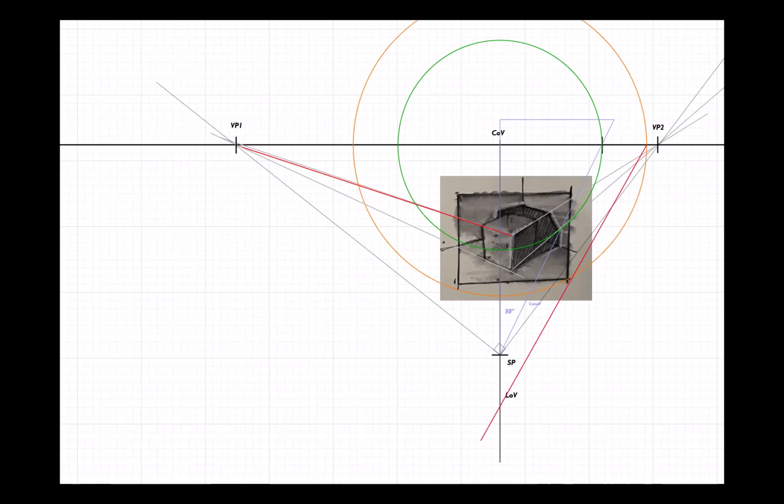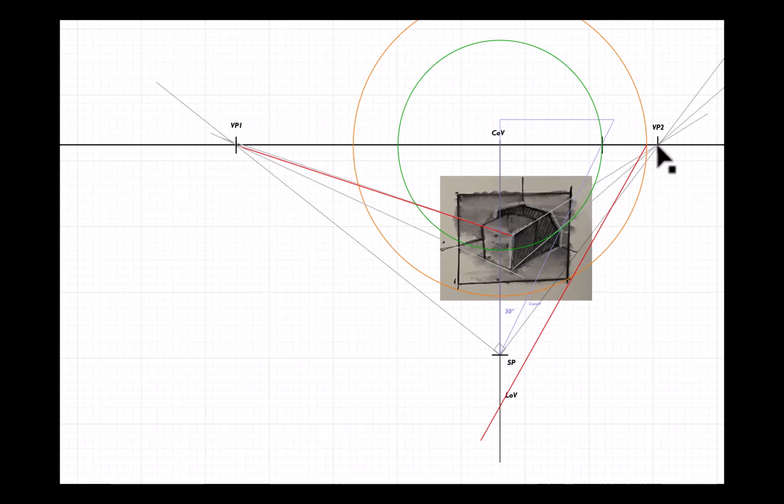Now, if you look at this orange line, that's the minimum cone of vision I need to cover this picture. So that means if I take this radius for the cone of vision, that's about the closest that my station point can be. At that point, I would move the station point farther down to here.